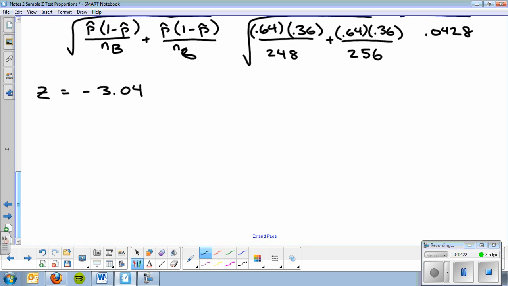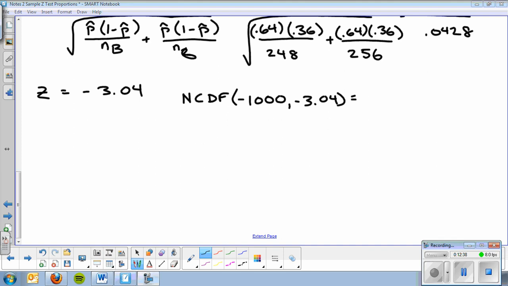Okay. Normal CDF, that's nice. I can use normal CDF because this is a z. Normal CDF, I'm testing less than, so negative 1 and a bunch of zeros, negative 3.04, and that's going to give me a p-value of 0.0012, which is my p-value.